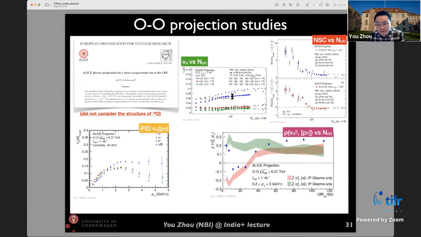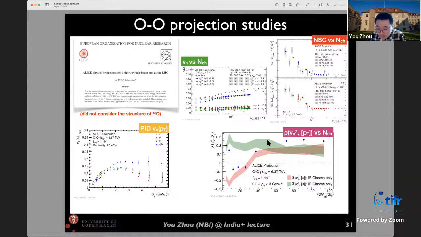So I can tell you that in the ALICE collaboration, we have a lot of projection studies for flow, including the Vn coefficients, the correlation between Vn coefficients, the PID flow with 4-particle cumulants, as well as Vn as a function of pT. And in particular, it was predicted by the theory that if you expect a CGC to appear in oxygen-oxygen collisions, you would expect the correlation between V2 and V3 to change sign twice.